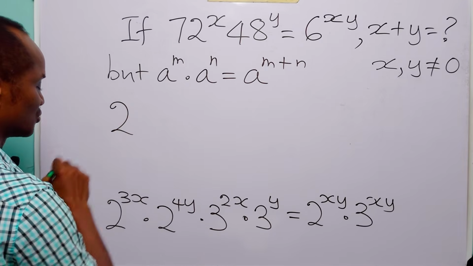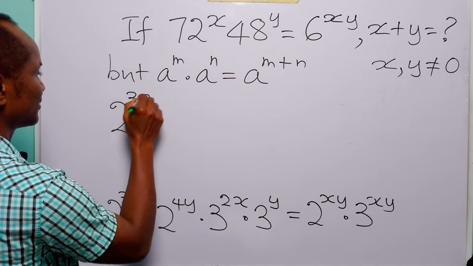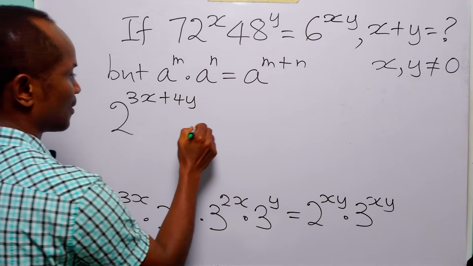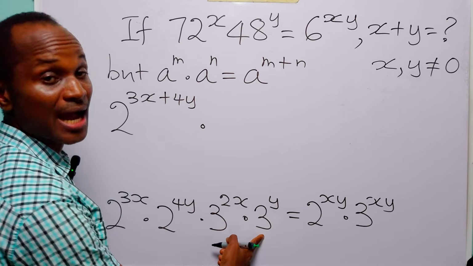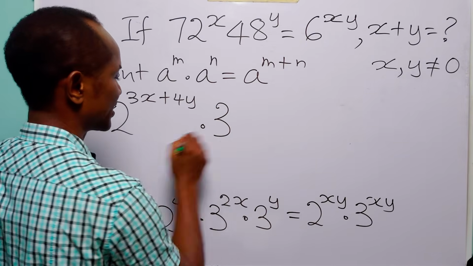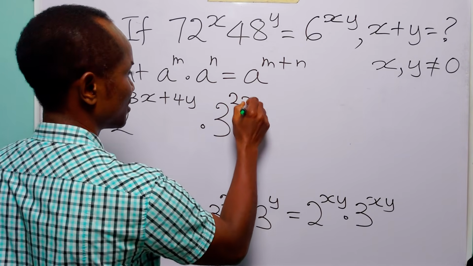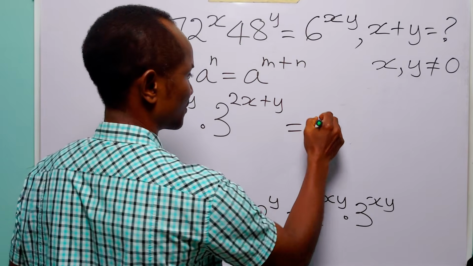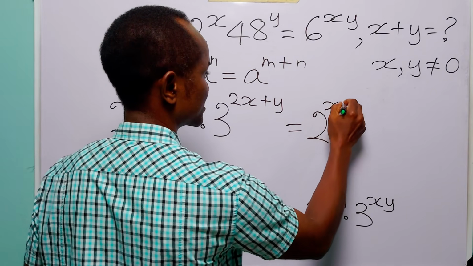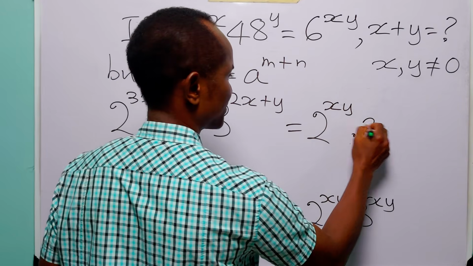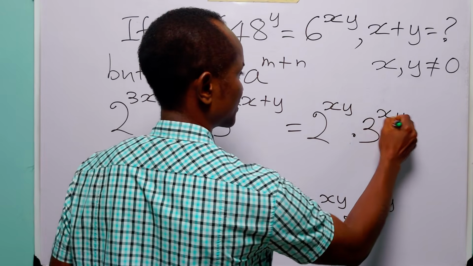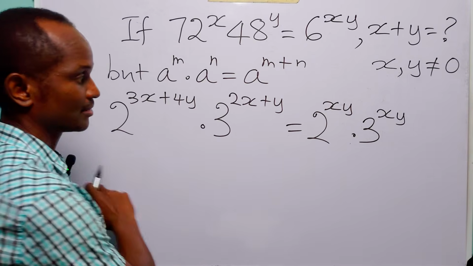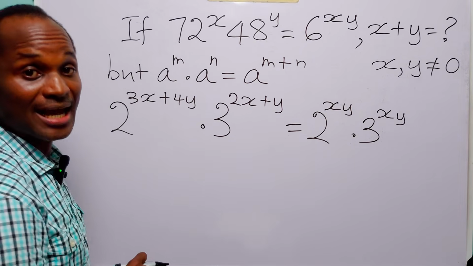When we do that, we have 2 to the power 3x plus 4y multiplied by, here we have 3 and here we have 3, so we have 3 to the power 2x plus y. And of course, this is still equal to 2 to the power xy multiplied by 3 to the power xy.